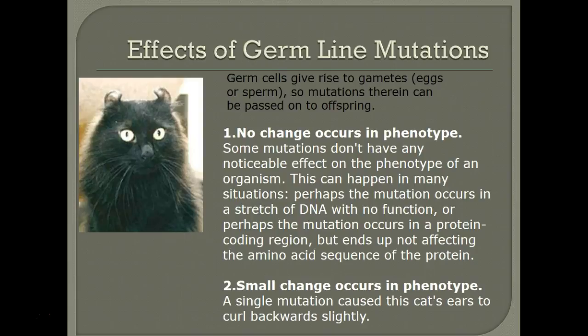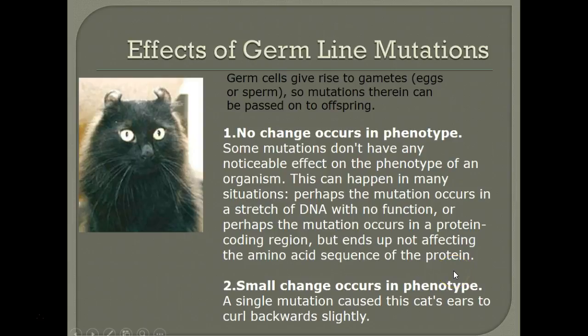What would cause no change in the phenotype? Well, maybe the mutation occurs in a stretch of DNA that doesn't have any function. You should remember from the first target that genes consist of exons and introns, and the introns are non-coding parts of the gene. So if you have a mutation in an intron, then that's not going to affect the phenotype. Or maybe the mutation does occur in a protein coding region of the DNA, but it doesn't affect the amino acid sequence.